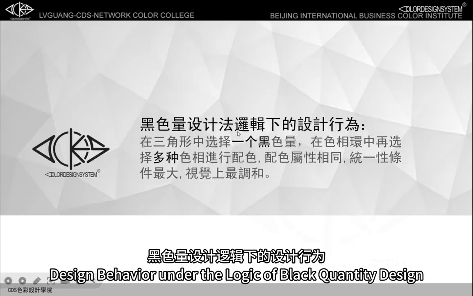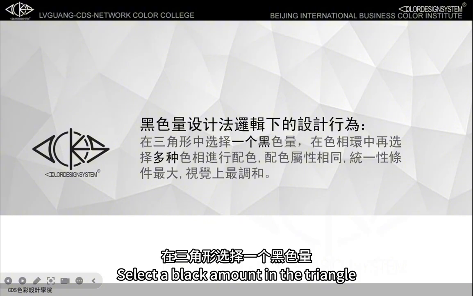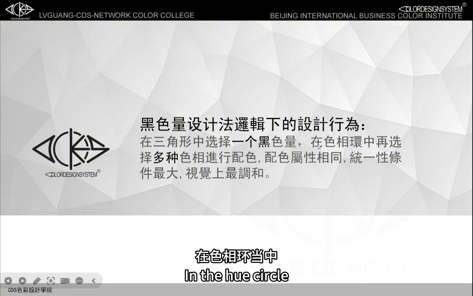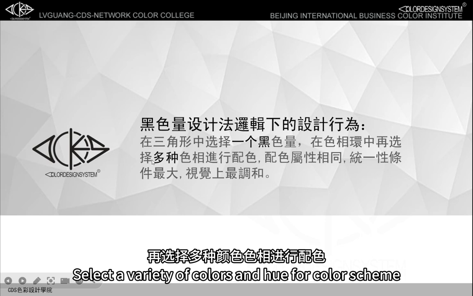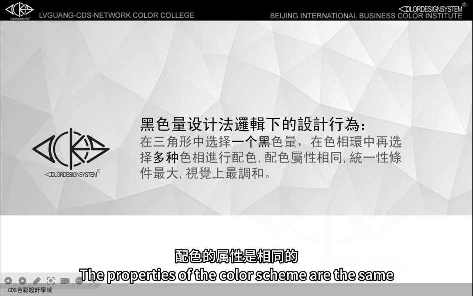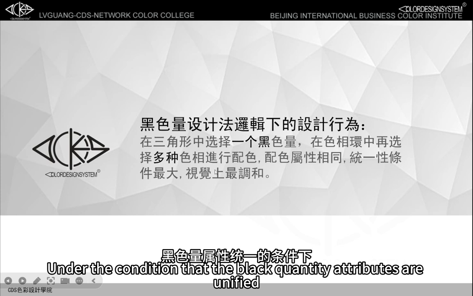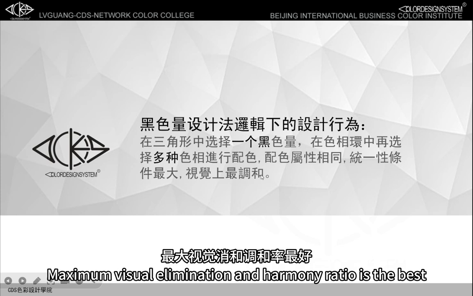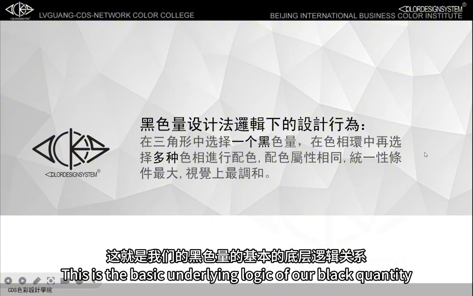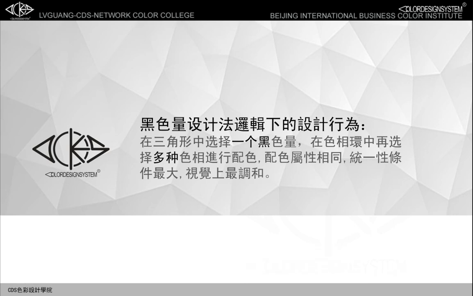Design behavior under the logic of black quantity design: select a black amount in the triangle, then in the hue circle, select a variety of colors and hues for the color scheme. The properties of the color scheme are the same. Under the condition that the black quantity attributes are unified, maximum visual elimination and harmony ratio is the best. This is the basic underlying logic of our black quantity.